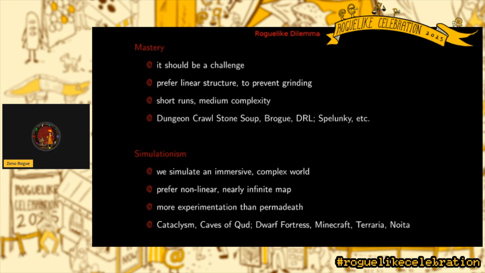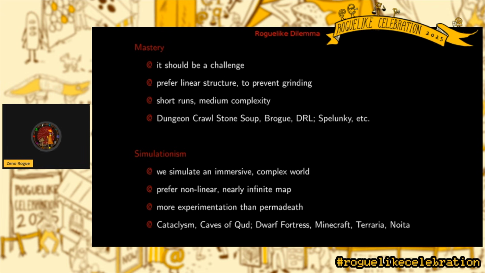For example, in these mastery games, we prefer a more linear structure to prevent grinding. We want shorter runs, medium complexity. In simulationist games, there is lots of complexity, more experimentation, and lots of games are based on this simulationist approach.